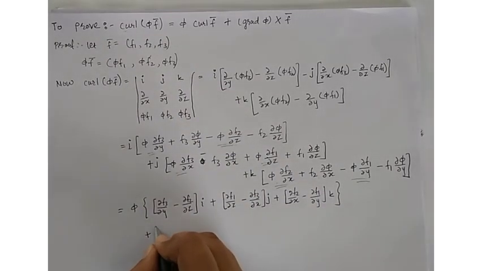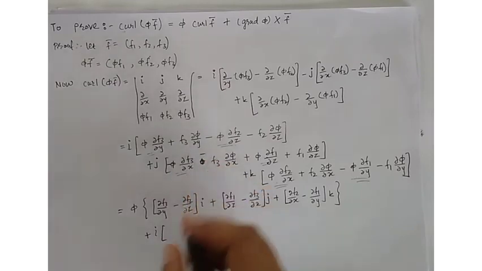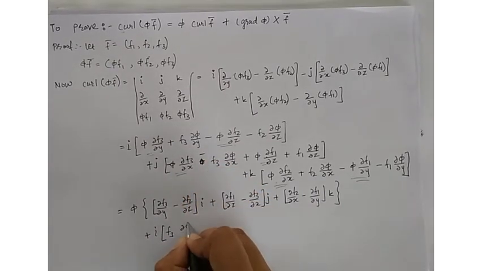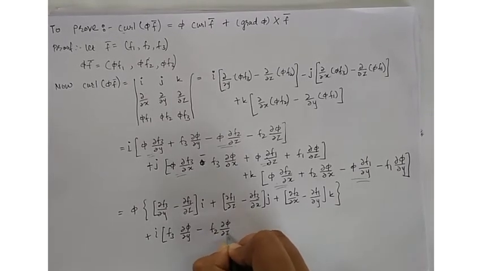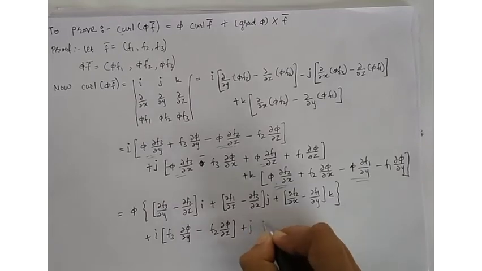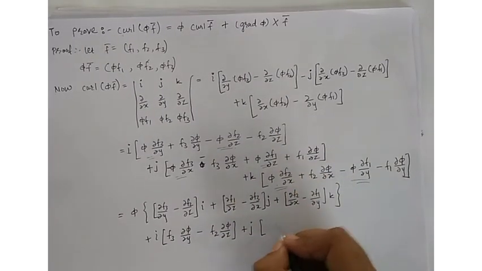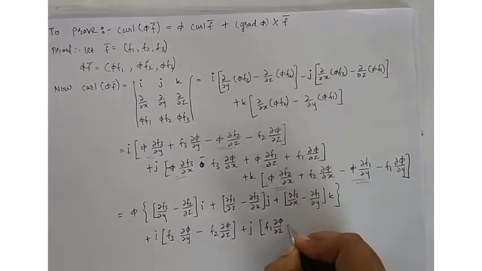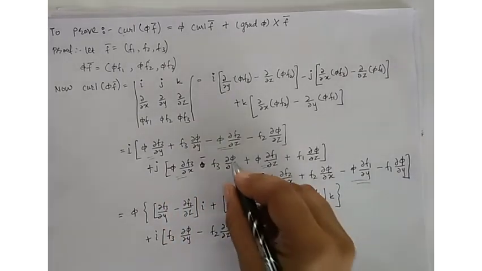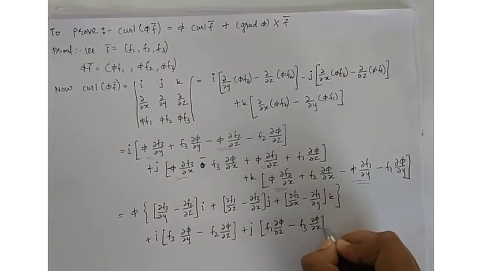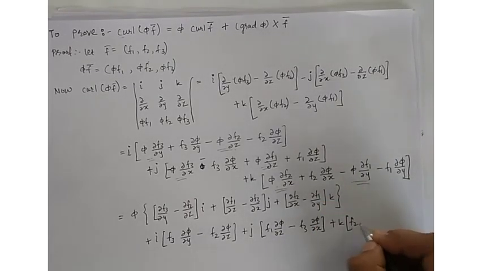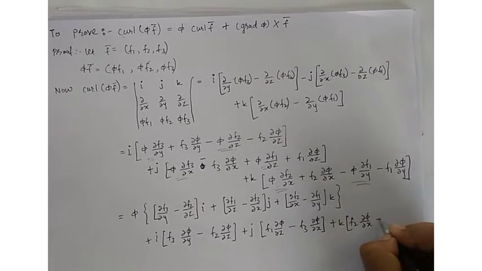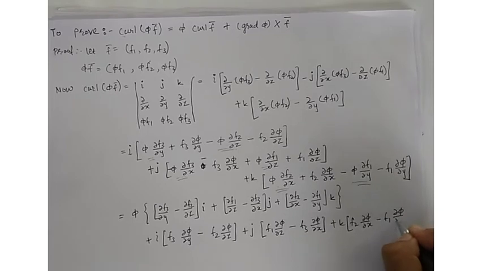So plus, taking i common, what is left is f3 del φ by del y minus f2 del φ by del z, plus j, here f1 del φ by del z minus f3 del φ by del x, and plus k, f2 into del φ by del x minus f1 into del φ by del y.